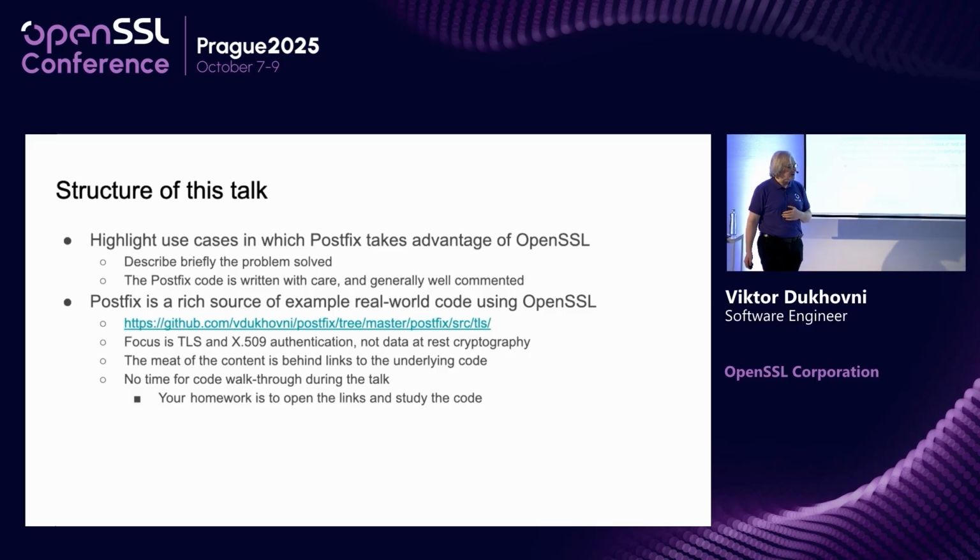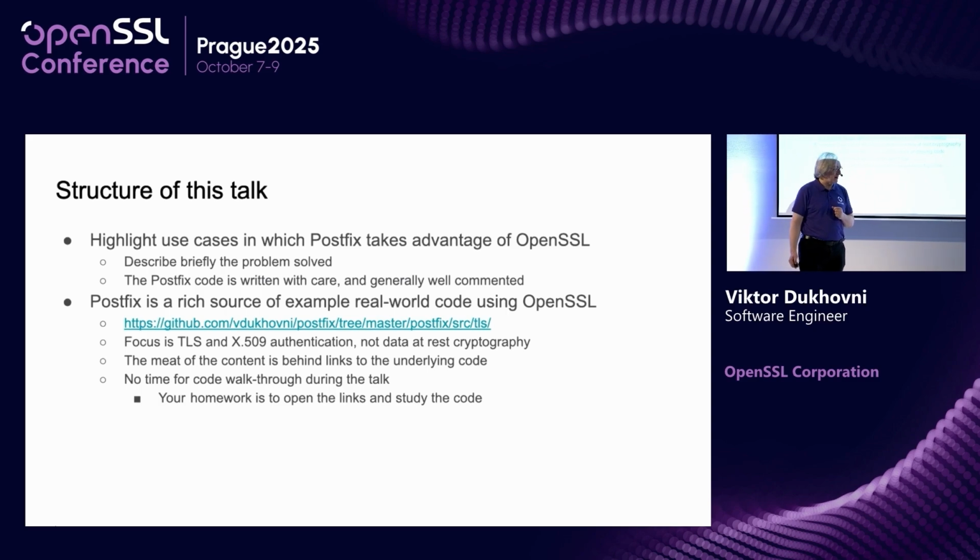Okay. So I'm going to be showing you application areas to which Postfix puts OpenSSL, talking briefly about what they achieve. And I wanted to mention that the underlying code in Postfix is much easier to read than in many other cases. We comment the code heavily, explaining why we're doing things. The code is reasonably carefully written. It's VC style.